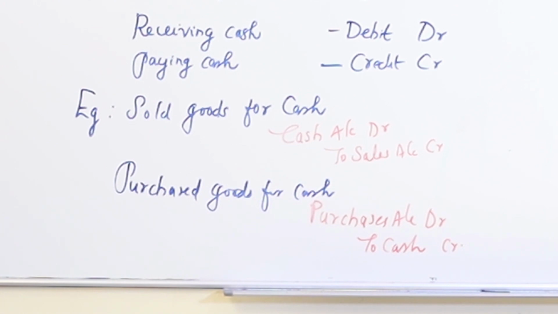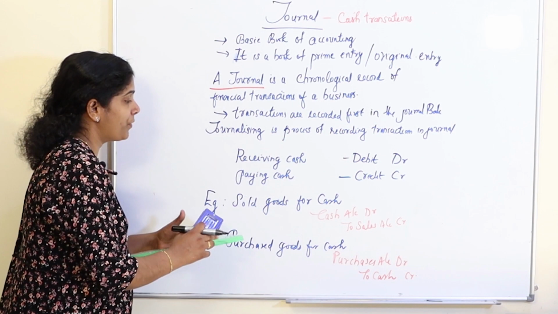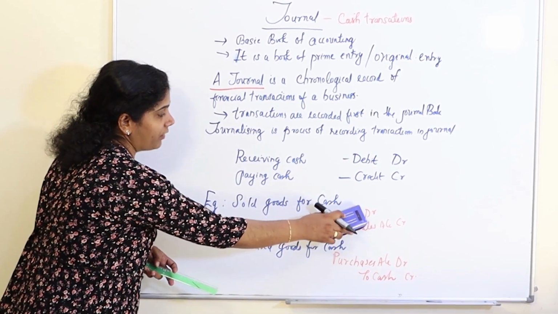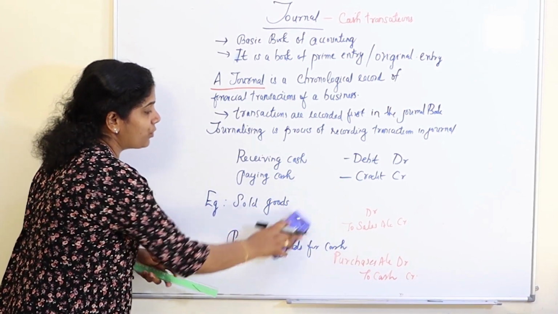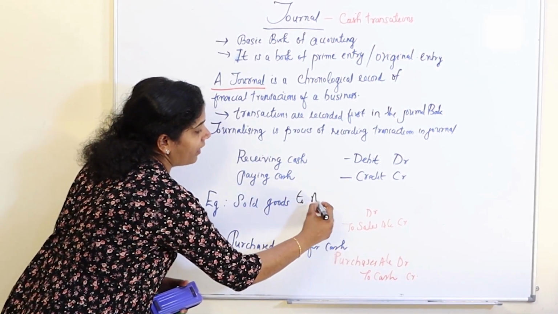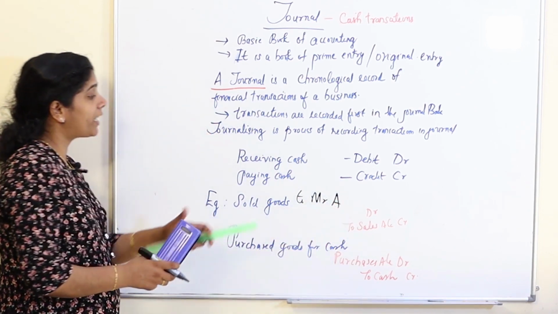Cash is going out, so we have to credit it. Regarding credit transactions, payment will be in a future date or receipt will be in a future date. So how will be the entry? Sold goods to Mr. A. See, this is not a cash transaction.